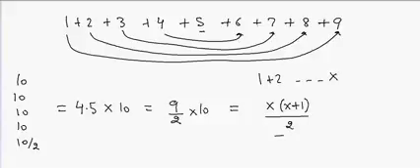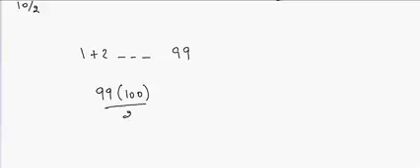We can use this formula for any kind of sequence. Now if we have to add 1 plus 2 until 99, the answer will be equal to 99 times 100 divided by 2.